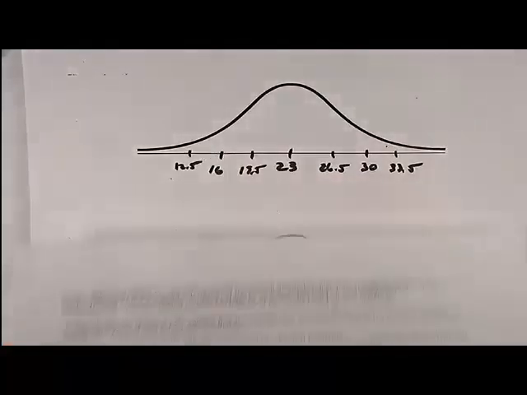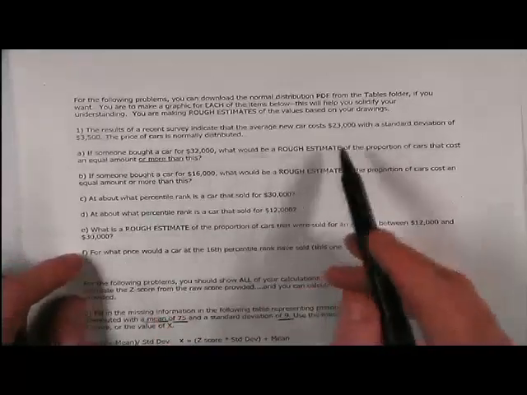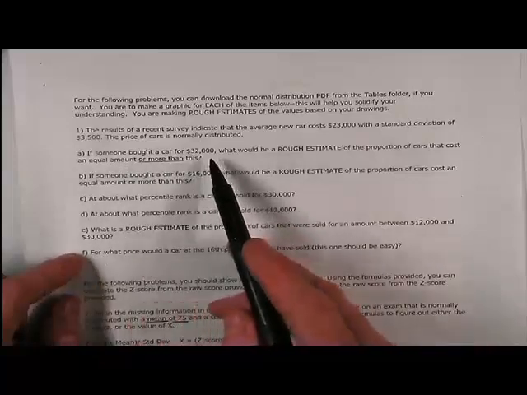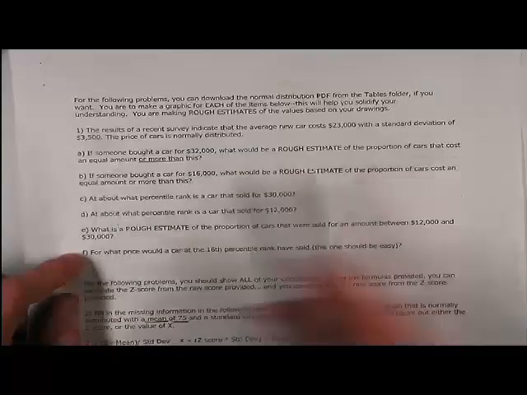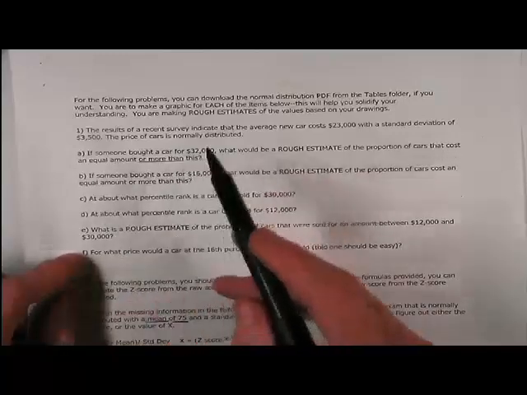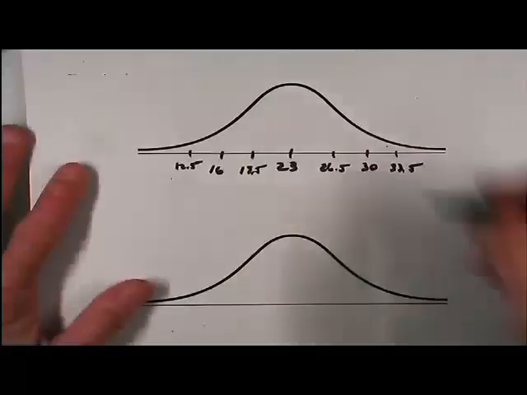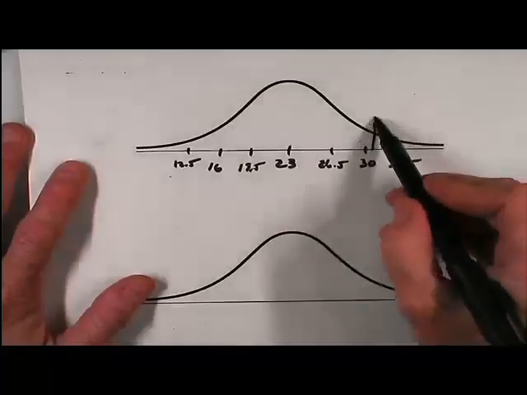So it says if someone bought a car, the average new car is that. So if someone bought a car for $32,000, what would be the estimate of cars that cost an equal amount or more than this? So I'm going to put out here our 32 like we did before, and then I want to know what percentage is there.